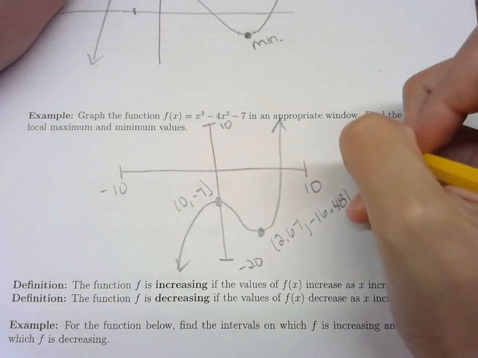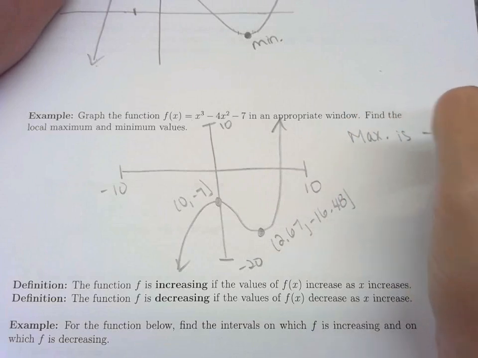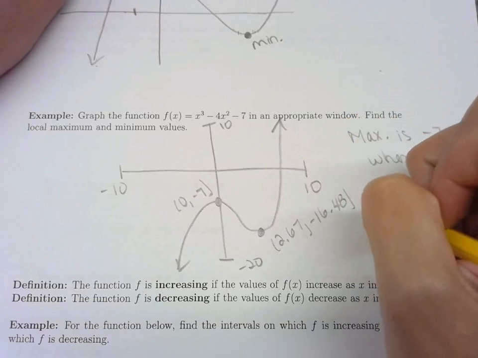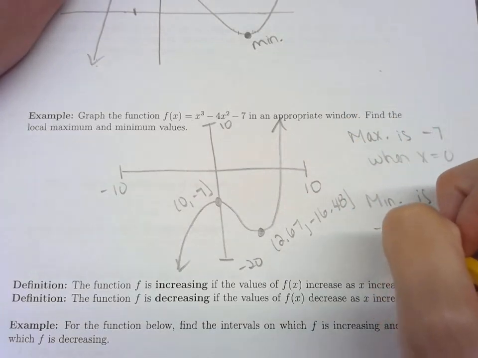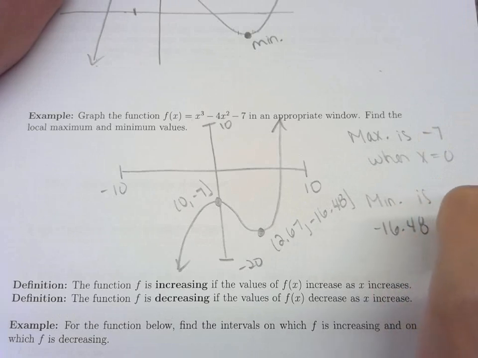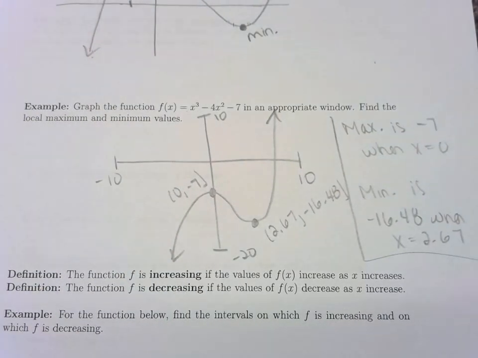So let's go ahead and write out the information. Our maximum value is -7 when x equals 0, and the minimum is -16.48 when x is 2.67, and those are approximate values. Remember, your calculator is just guessing.